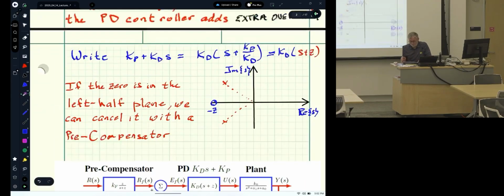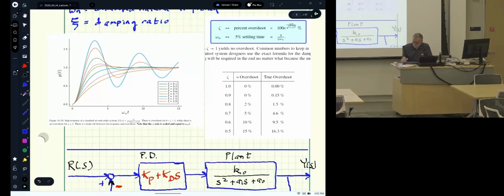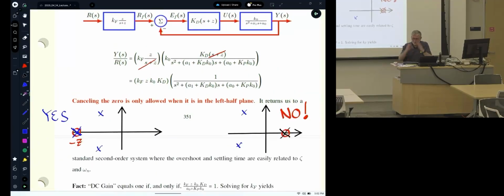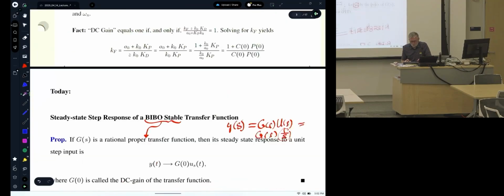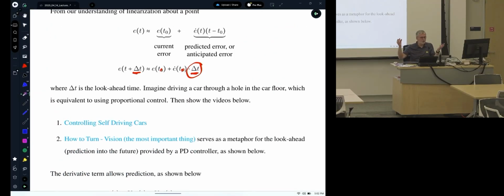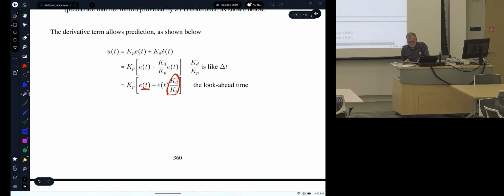And then choosing damping ratio and undamped natural frequency for overshoot and settling time, maybe that's all you need for your intuition. But this is another way to think about PD control and how you are using it all the time, because you know where you are and you know where you want to go, so you're able to make a plan and take that into account more smoothly.